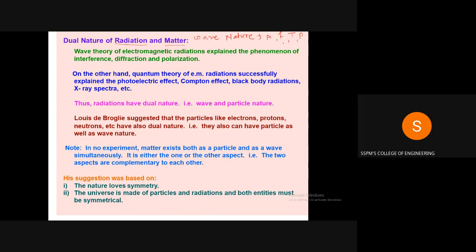All these are characteristics of wave nature. And what about particle nature? If it is having particle nature, then it should have some specific mass, some specific momentum, etc. So these are the characteristic properties of wave nature and particle nature.